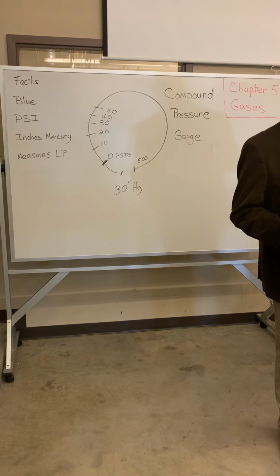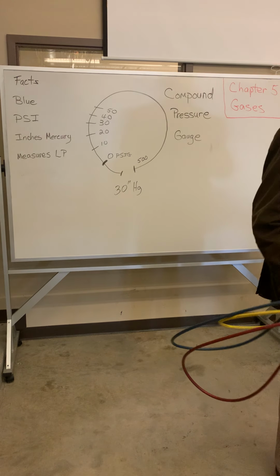Remember the three states of matter we talked about in energy and matter. They were solid, liquid, and vapor, or gas. So when it comes to how much pressure these gases exert, we take a look at how the other states of matter exert pressure.